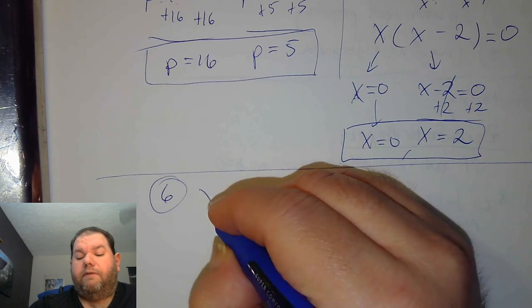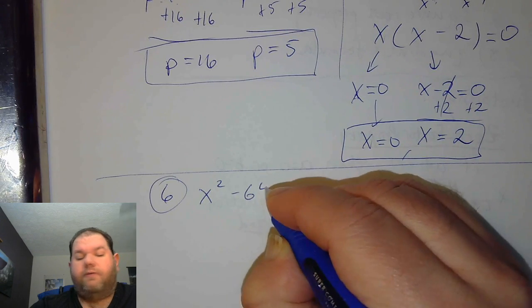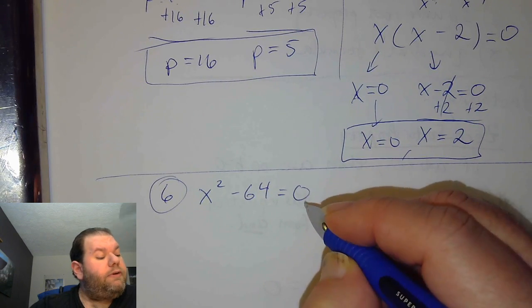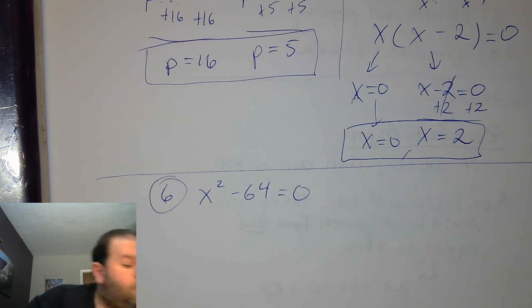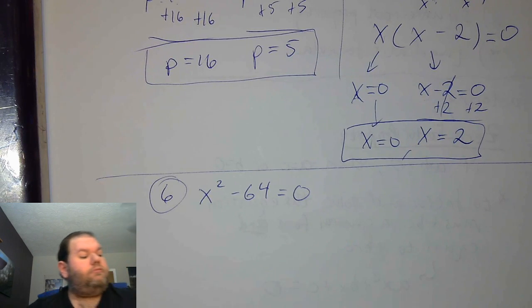Number 6, we have x squared minus 64 equal to 0. How do we factor x squared minus 64?